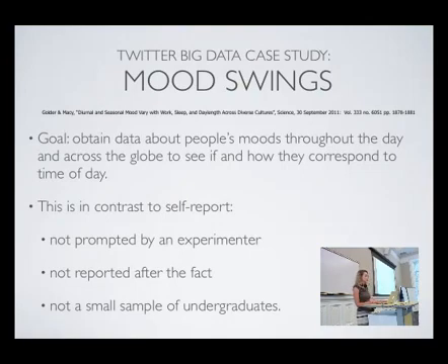The goal of this paper was to obtain data about people's moods throughout the day and across the globe to see if and how they correspond to time of day. So apparently, and again, I'm paraphrasing a field that I'm not very expert in, so I may not be capturing it absolutely accurately, but apparently, when researchers study how people's moods change, this is opposed to how it's typically done, where people are interviewed, they're asked by an experimenter, "How are you feeling right now?"